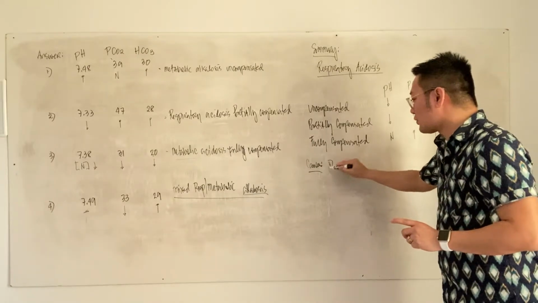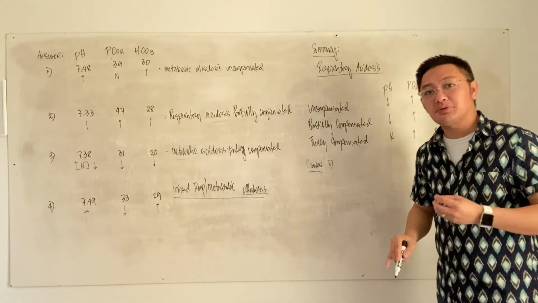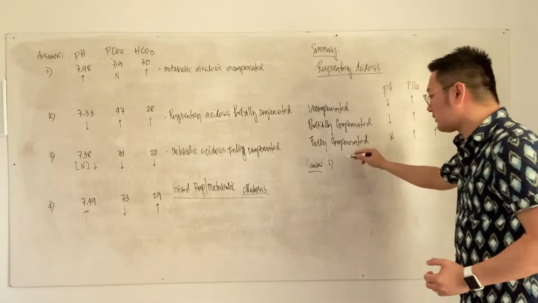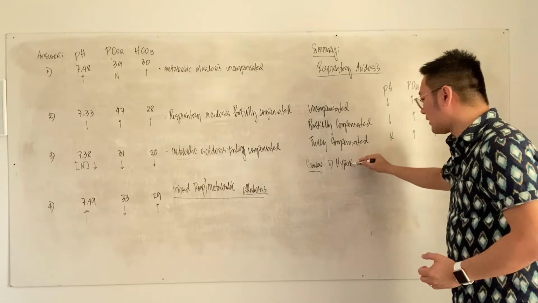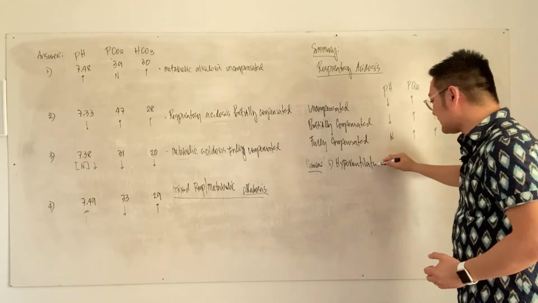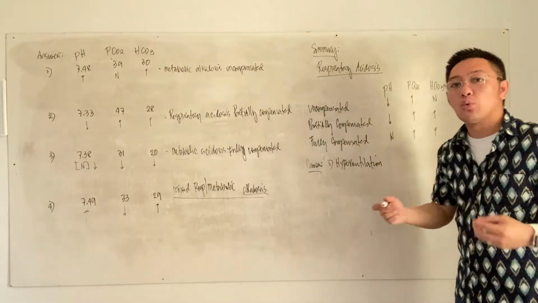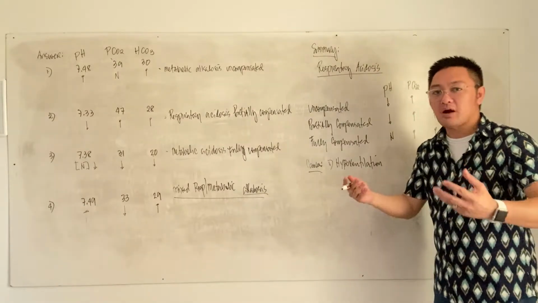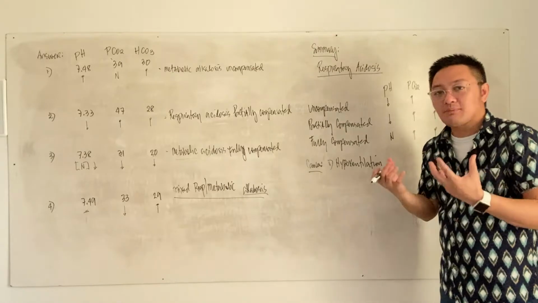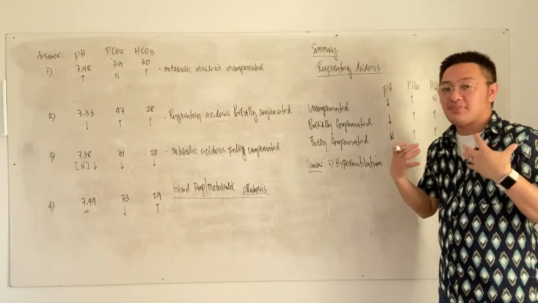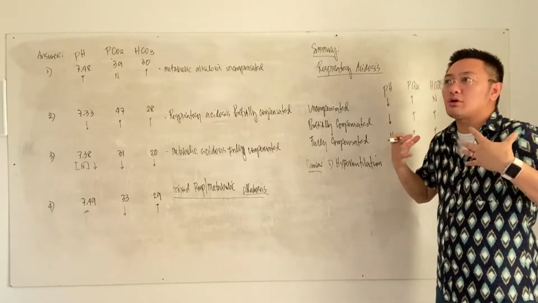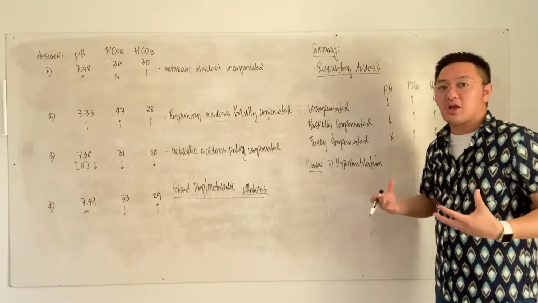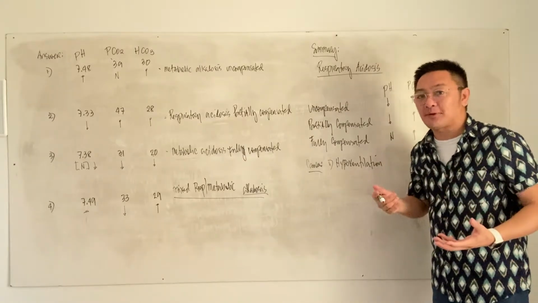Number one, respiratory acidosis is actually related to what we call hypoventilation. Remember I said when a patient hypoventilates, the carbon dioxide cannot get out. The carbon dioxide stays in the body, and that will cause elevation of your carbon dioxide level. We call that hypercapnia.